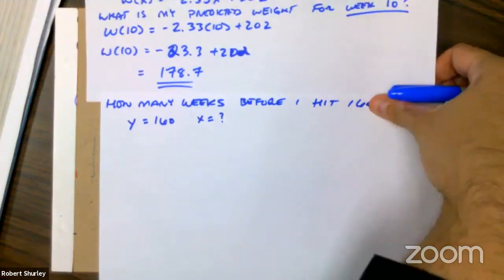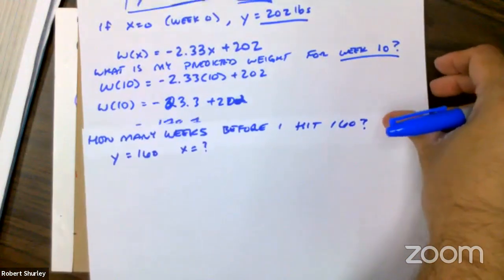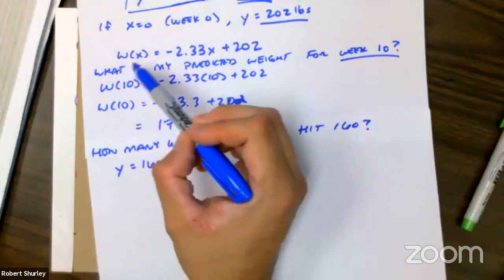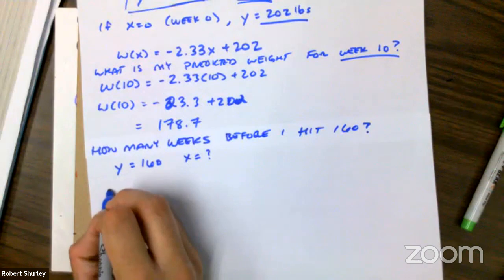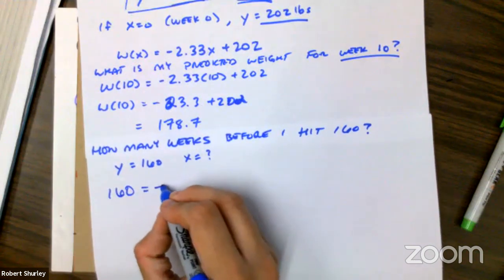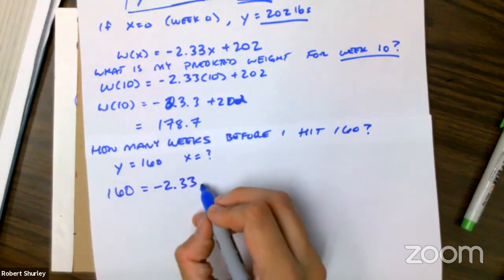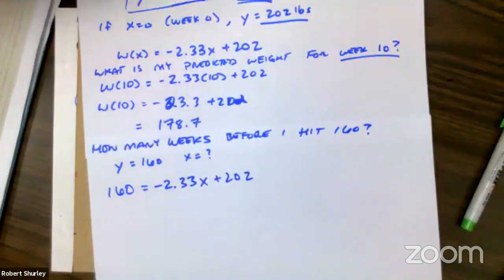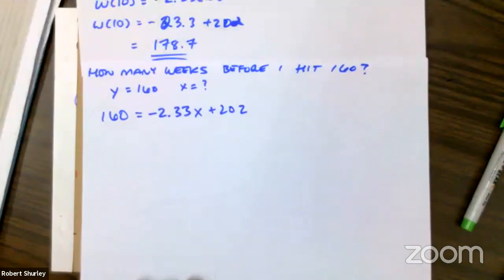So if I go back to my equation up here, I know the weight, the y part. So it's going to be 160 equals negative 2.33 x plus 202. Excuse me. And I'm going to solve that out, right?